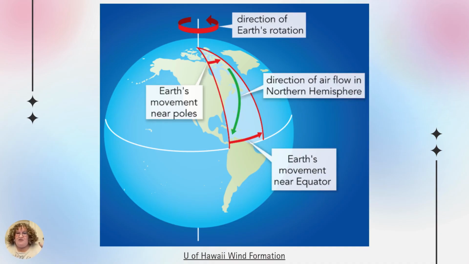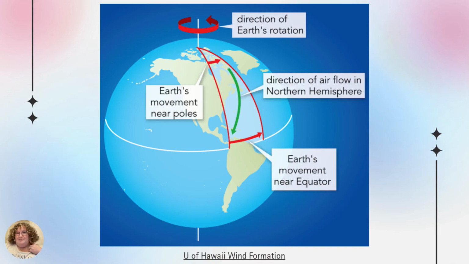And when the air hits the surface at 30 degrees north and south, and it starts to spread out, that spreading action is impacted by the movement of the Earth, and it turns it right in the northern hemisphere, and then left in the southern hemisphere.